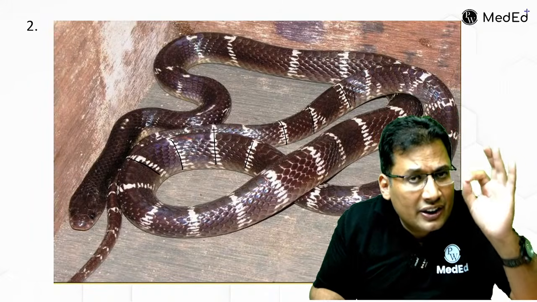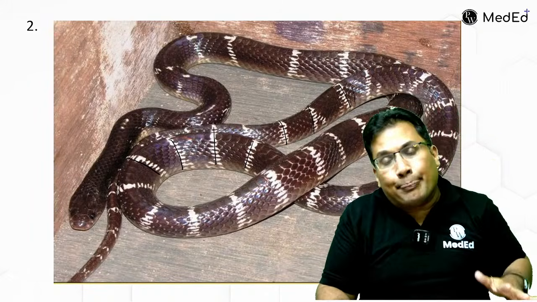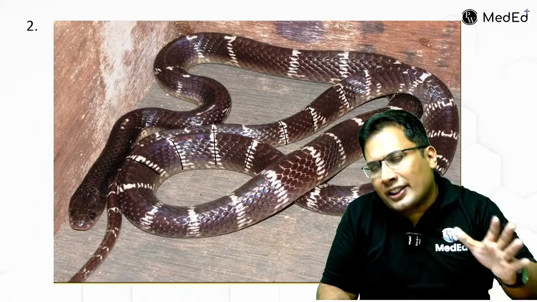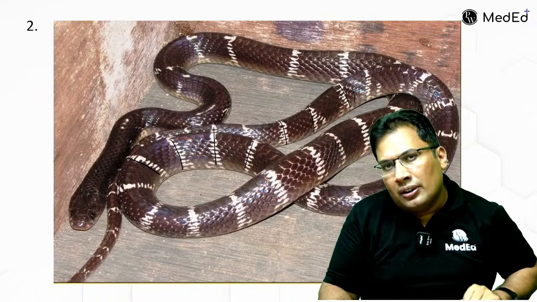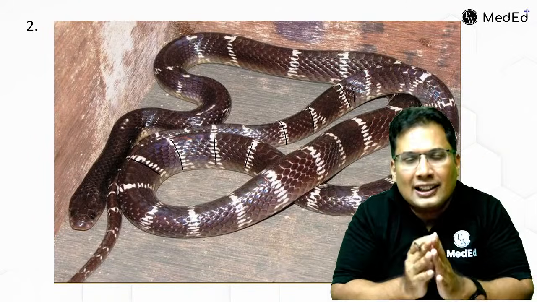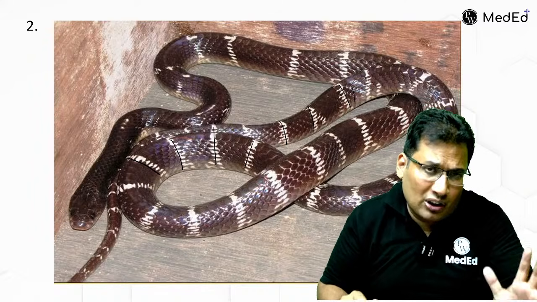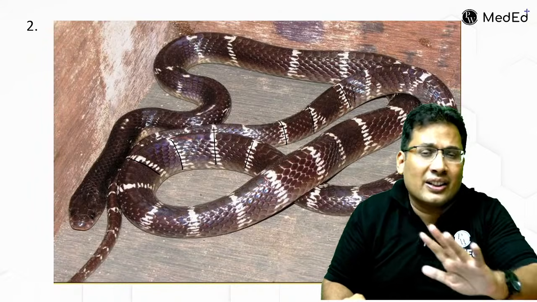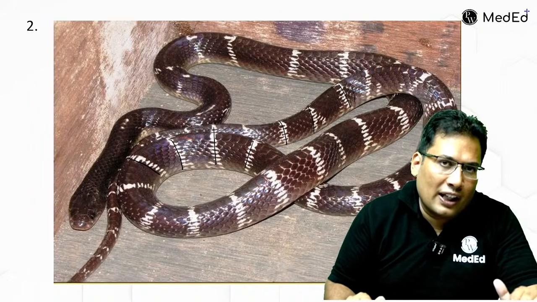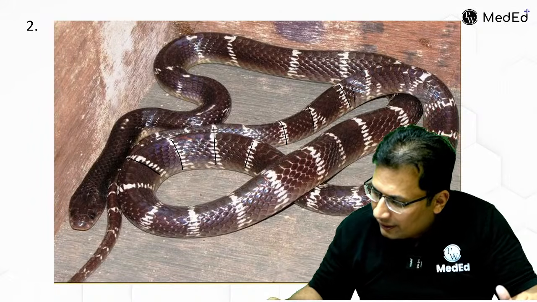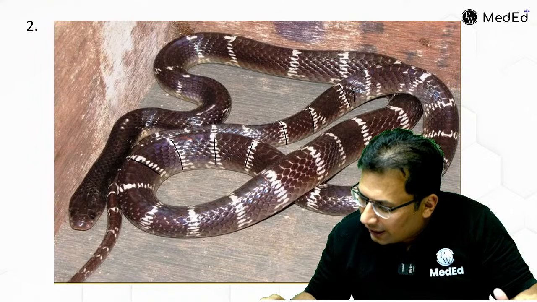It has a tendency to bite people in their sleep. Very toxic, 3 to 6 milligrams can lead to death. It leads to paralysis, mild convulsions, and death occurs in 6 to 8 hours. What is this snake known as? Okay, now you try.